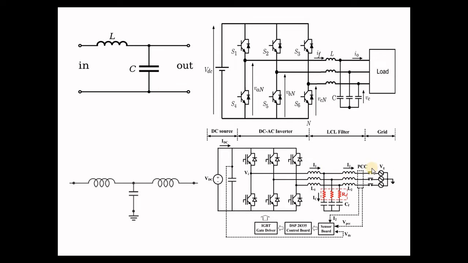If it is a grid connected system, with inverter, filter and grid, we connect an LCL filter. So the LC filter is usually connected in standalone systems where there is no grid, and the LCL filter is connected where a grid is present. Why? Because this is for usual, general applications.